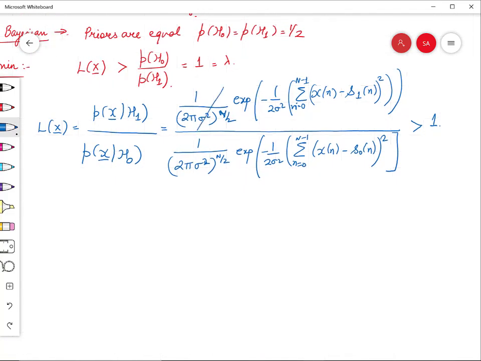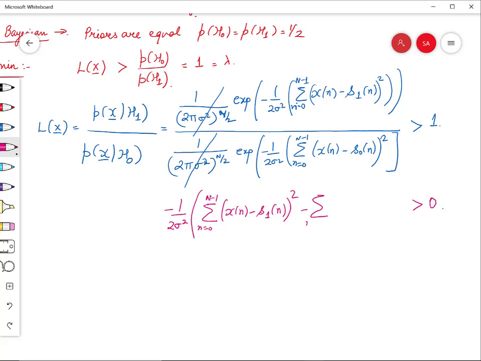Alright, let me simplify this further. These two are going to cancel. I'm going to take log on both sides. So if I take the log, ln of 1 is 0, so this becomes greater than 0. And this becomes minus 1 over 2 sigma square, summation n goes from 0 to capital N minus 1 of (x[n] minus s1[n]) whole square, minus summation n from 0 to capital N minus 1 of (x[n] minus s0[n]) whole square.